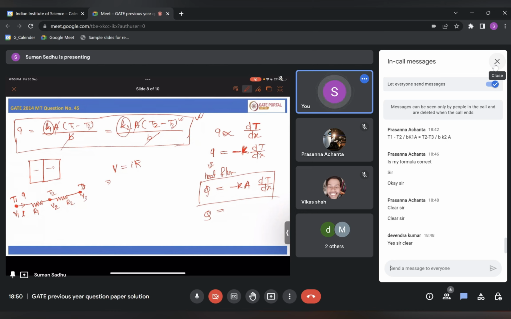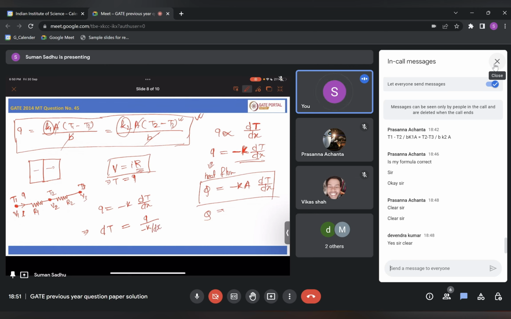In case of heat transfer, the driving force is the temperature difference. So V is analogous to T, I is analogous to Q, and resistance we can find out from this formula. You know Q is minus K dT by dx. Now if you write it in this form, dT will be Q by minus K by dx.